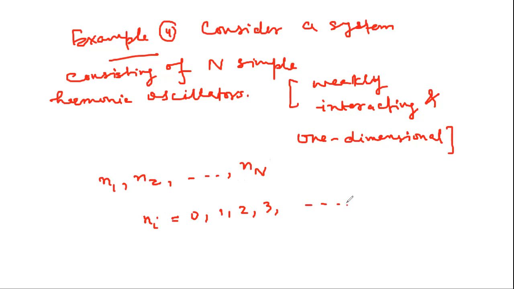So in order to specify the state of the system, you have to specify all the n's, where each n can have values 0, 1, 2, 3, and so on. Right?